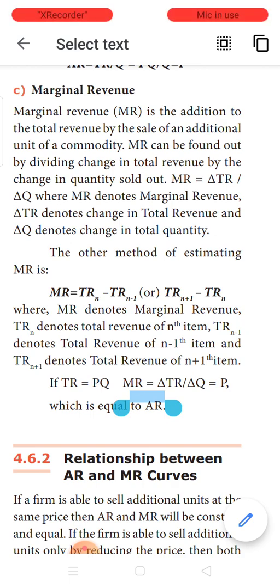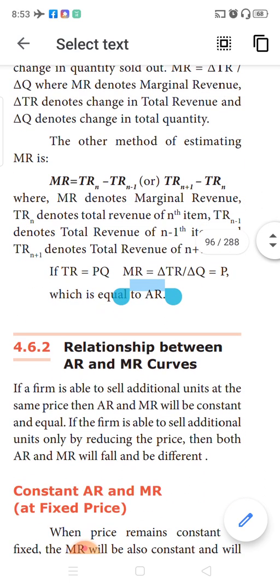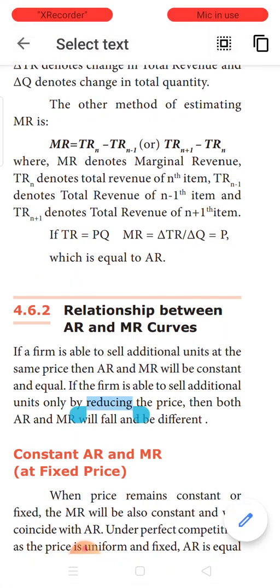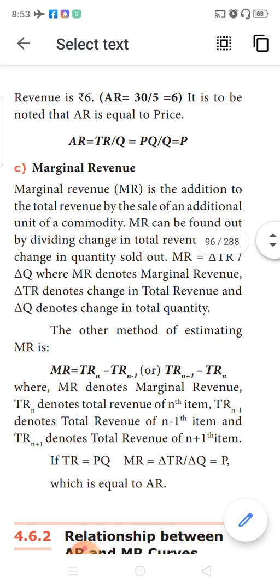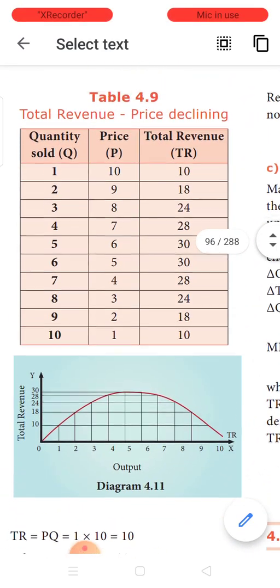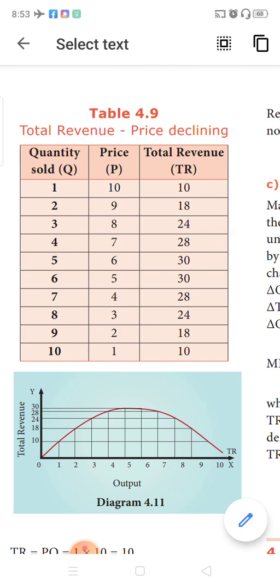There is another formula to find MR also. MR is nothing but TRn minus TRn minus 1. See, in this case, let me take this example, that table 4.9 itself, how to arrive at TR, how to arrive at MR. Just assume the fourth column to be MR. Under the first situation, MR is TRn minus TRn minus 1. 10 minus 0, it is 10.